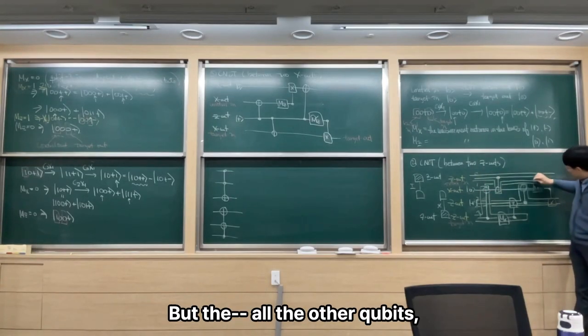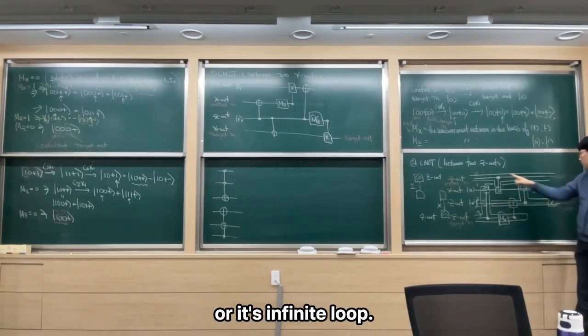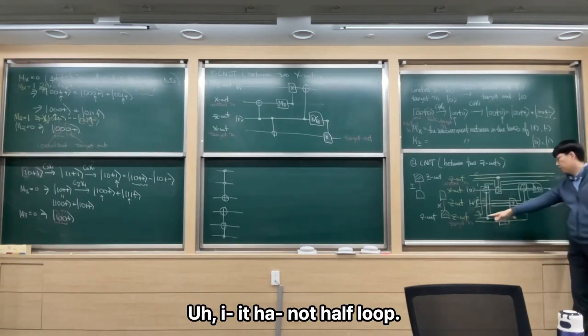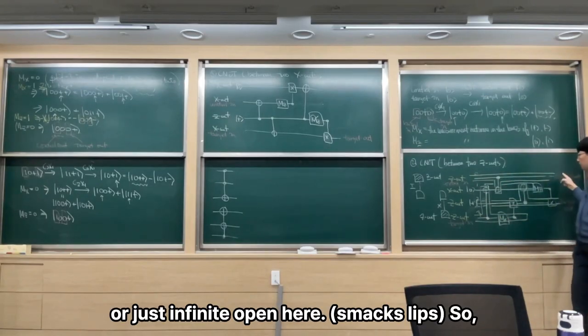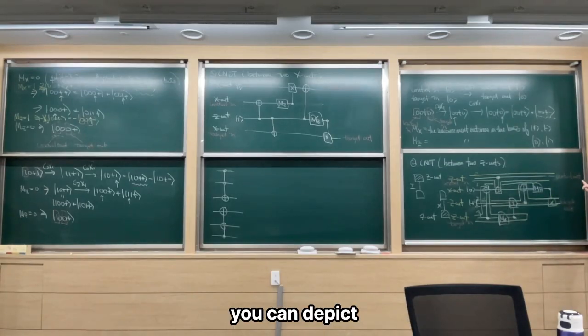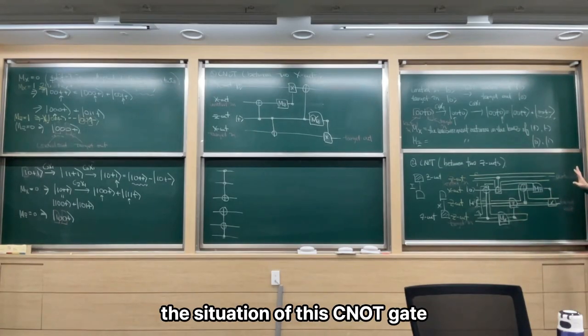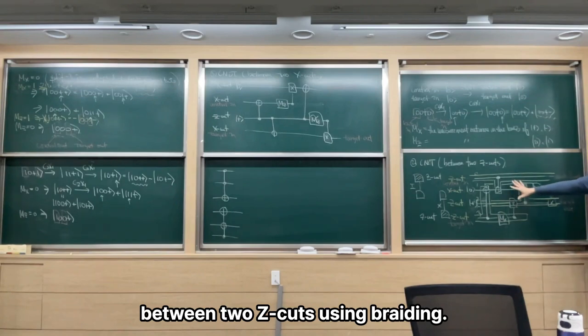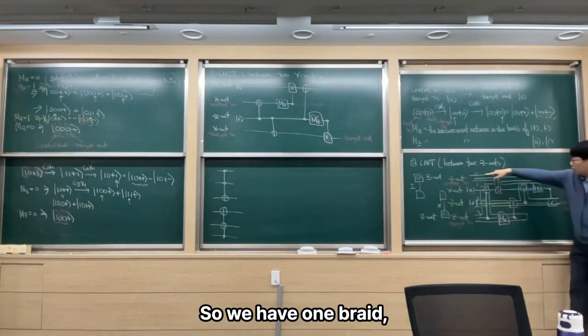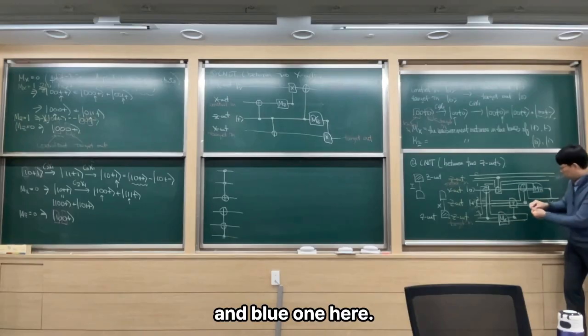But all the other qubits are a half loop, or just infinitely open here. So you can depict the situation of this CNOT gate between two Z cuts using braiding. We have one braid, the yellow one on top, braiding over this blue one and this blue one here.